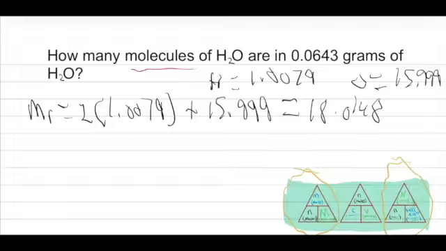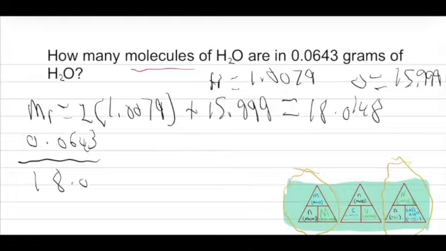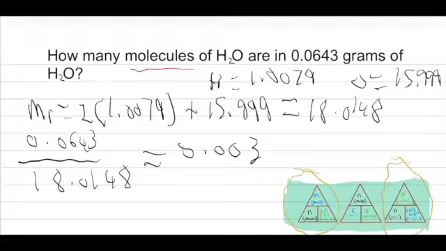So we've got the Mr of H2O. We need to get the moles. We have the mass. Mass is always on top, 0.0643 divided by 18.0148 equals 0.00357 to round. Okay? Now we take this number, because this is the moles, right?